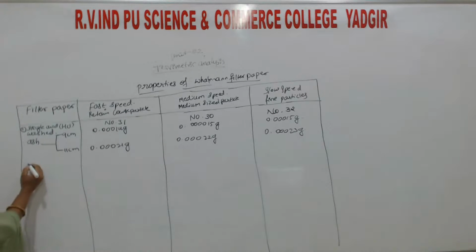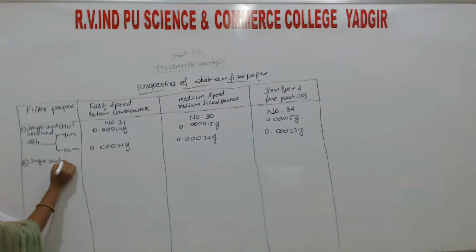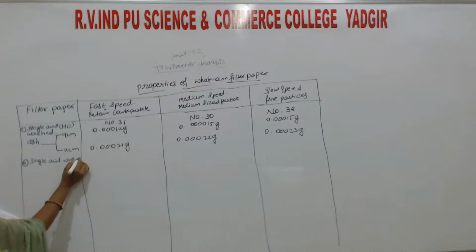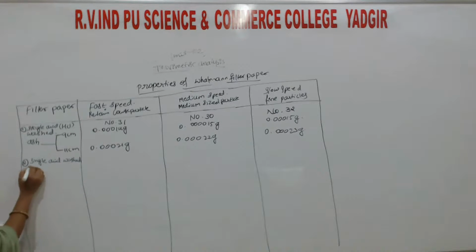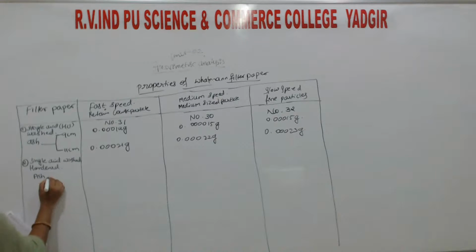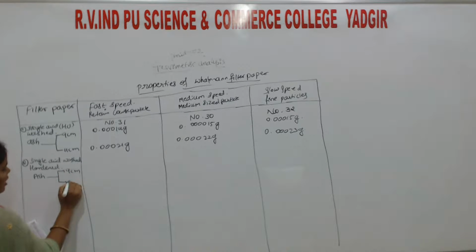The second type is single acid wash hardened. The ash is given for 9 centimeter and 11 centimeter sizes.